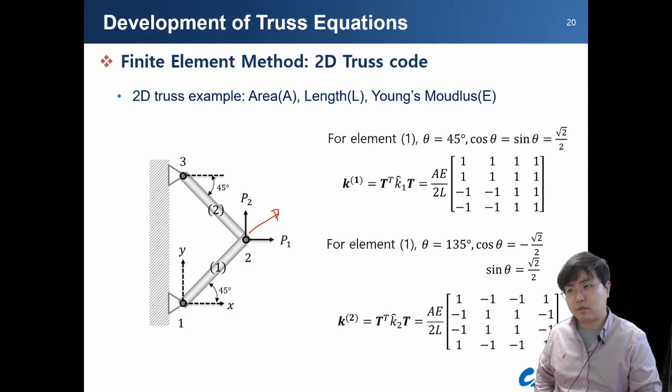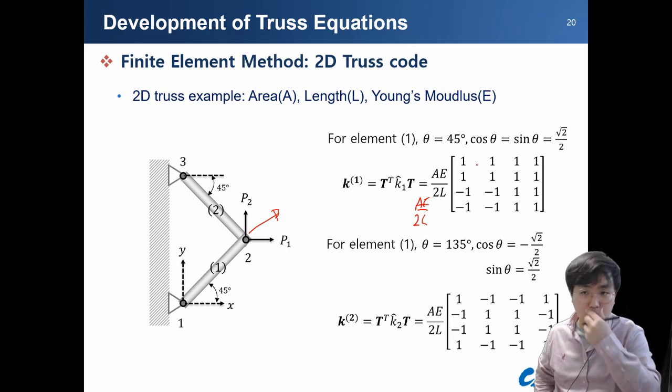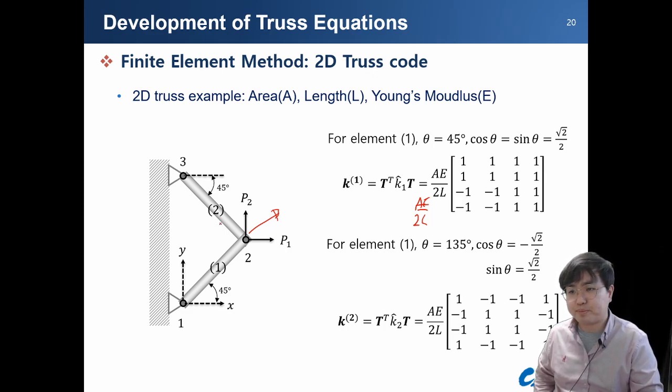To solve those kinds of cases, we should first obtain the local stiffness matrices. This truss element is rotated 45 degrees, so the result is AE over L, and then taking 0.5 out as a common factor, the result looks like this. For the second element, how can you define that?